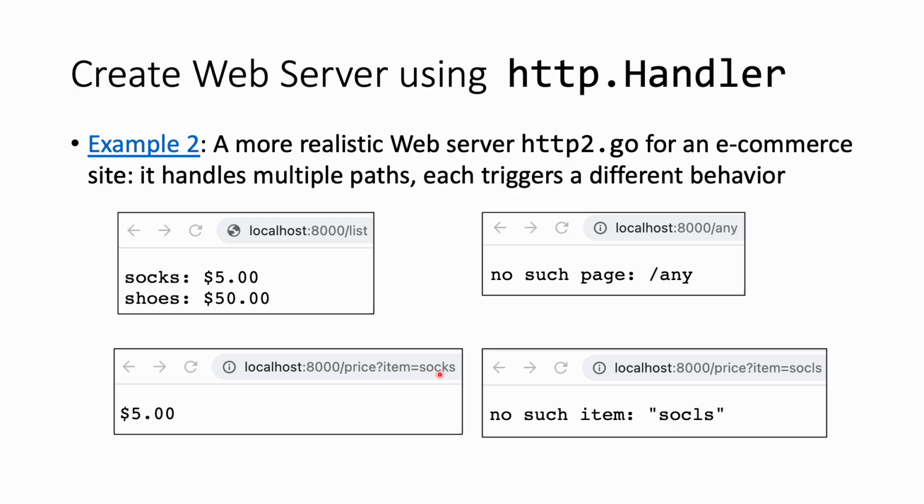For example, if the value of key item is socks, then it displays the price of the sock items. If such an item is not found in the inventory, then it displays no such item. For any other path, it will display no such page along with the given path.